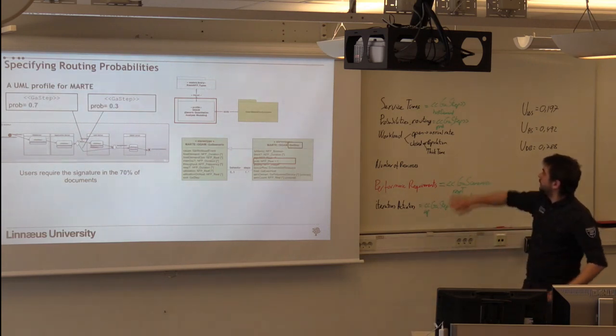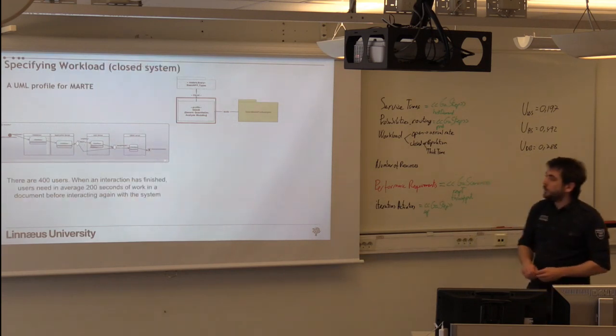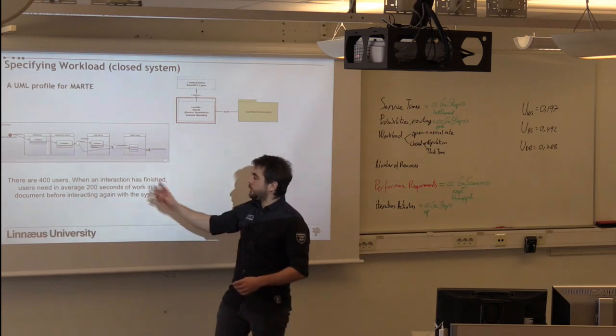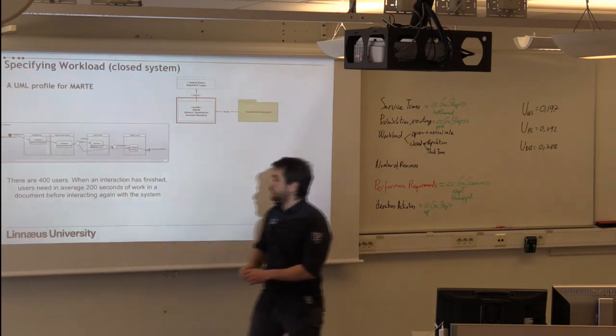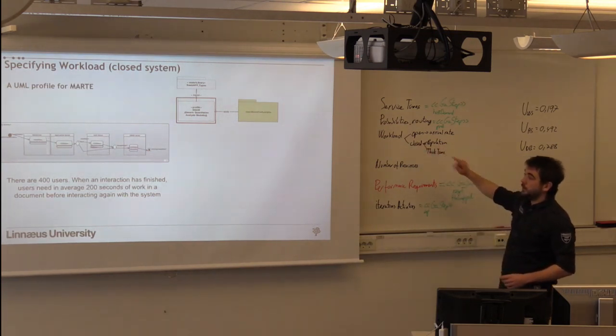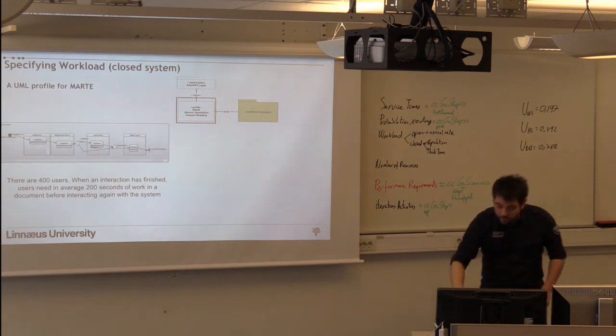What else? The workload. Let's represent that there are 400 users, and when an interaction has finished, user need in average 200 seconds. This is a closed workload with some population of 400 and think time.